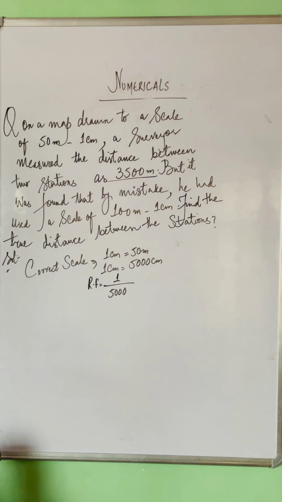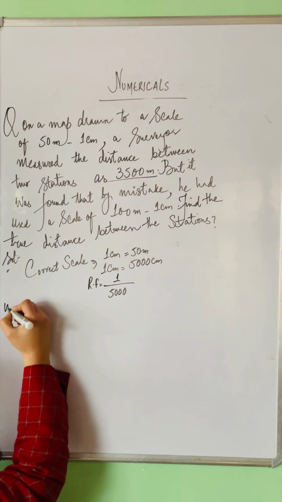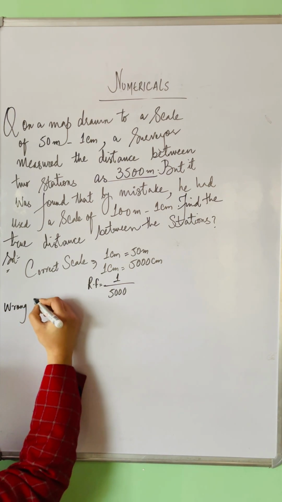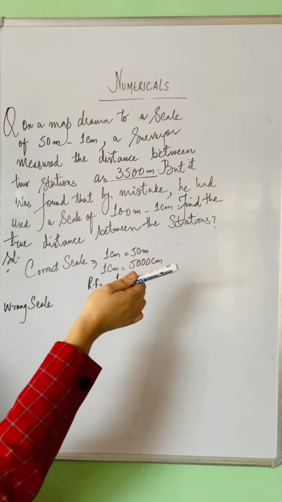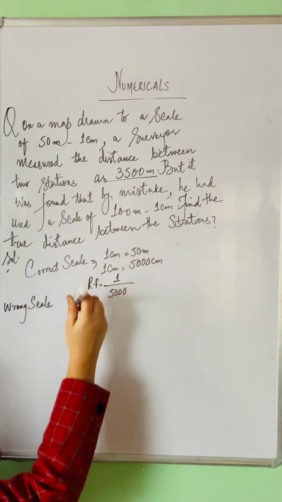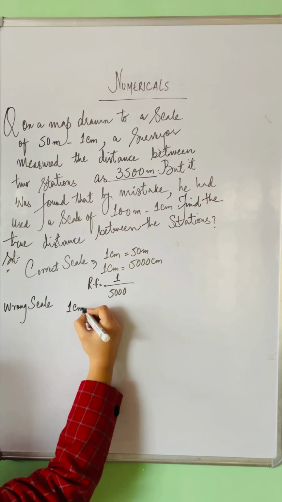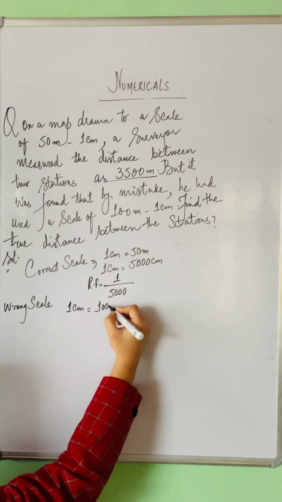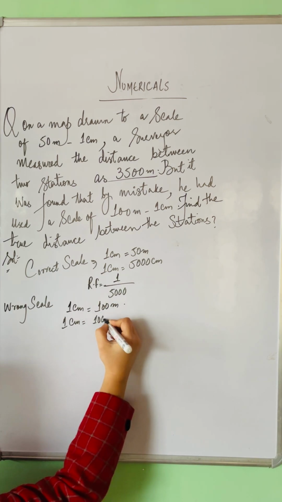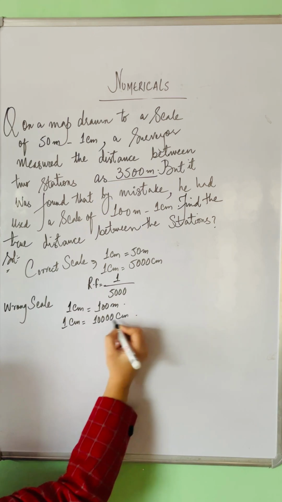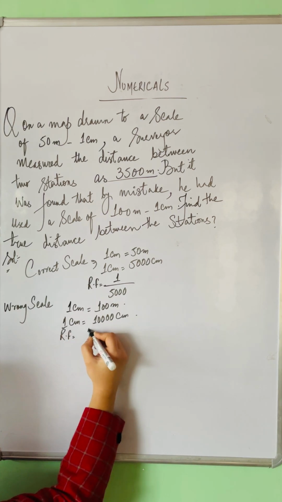What is the wrong scale? Wrong scale is that it was found by mistake that he had used a wrong scale of 100 meters to 1 centimeter. That means he had used a scale of 1 centimeter represents 100 meters on the ground, which means 1 centimeter is equal to 10,000 centimeters, and the representative fraction will be 1 by 10,000.